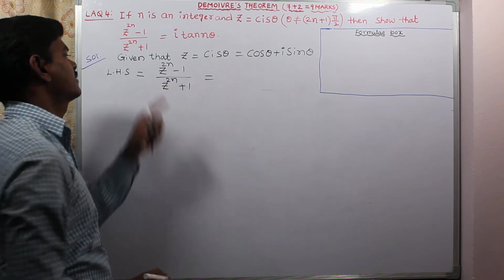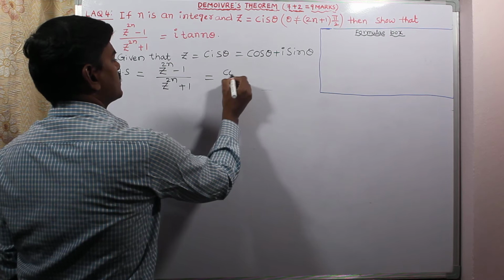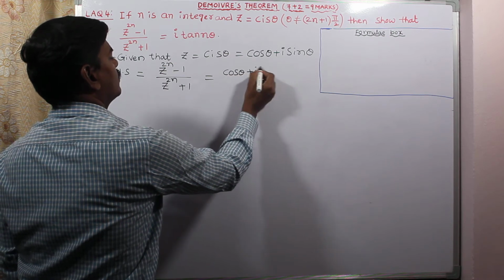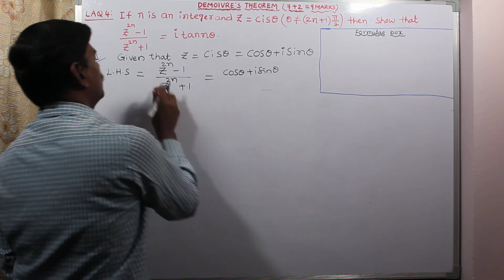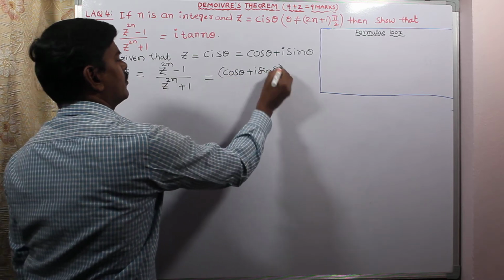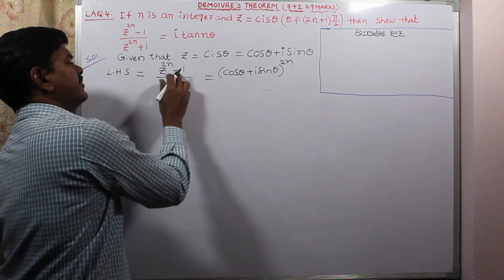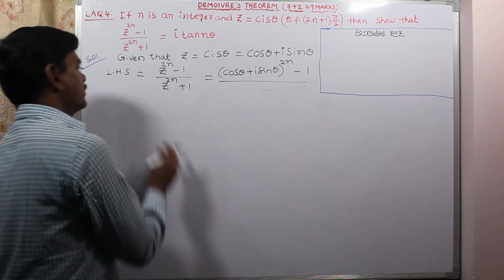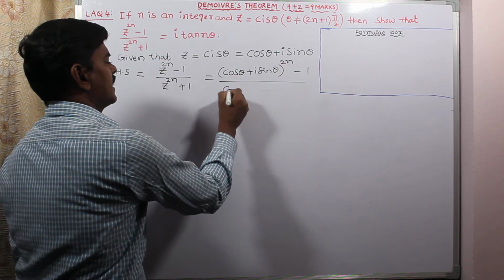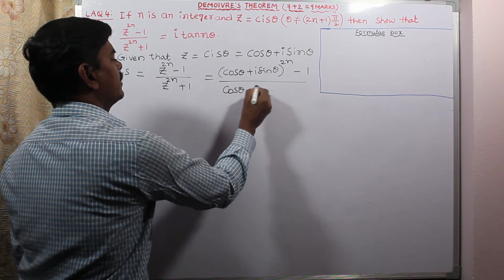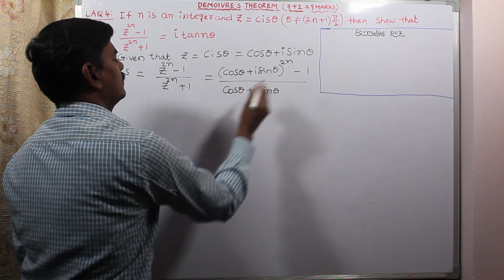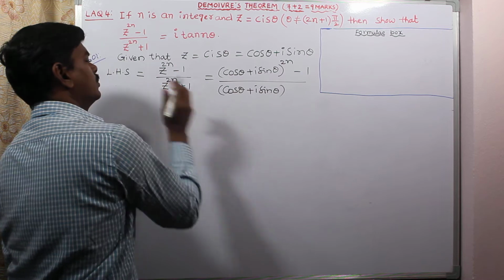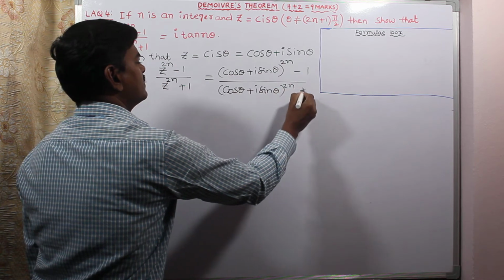Given z, we substitute cos theta plus iota sin theta. Power 2n is there, so the whole power 2n. Next we have minus 1, written as it is, the whole divided by the same z, substituting z as cos theta plus iota sin theta, whole power 2n plus 1.